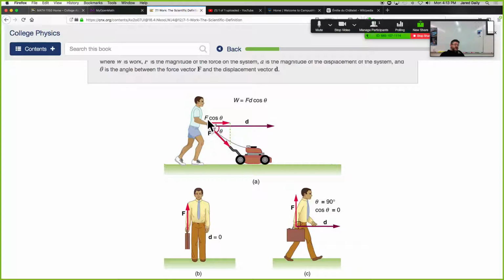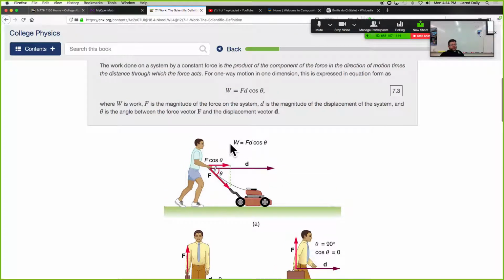So in this case, you have to take the force times the cosine of the angle between the force and the displacement. If you have a displacement vector, or the change in position vector, and the force vector, and you take the angle between them, multiply by the cosine, then multiply by the actual force that you push with, you'll get the amount of force that pushes in the direction of the movement. So work is equal to force times distance times the cosine of the angle between the force and the distance.